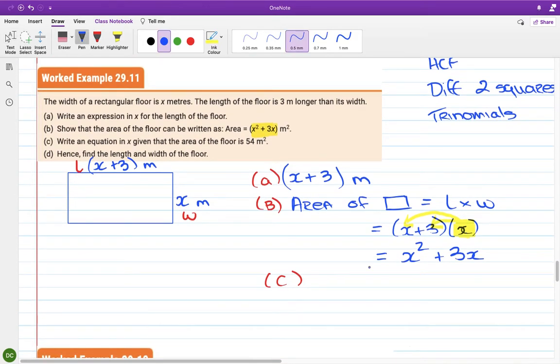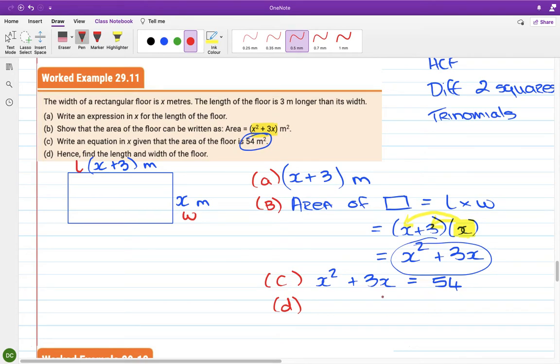So we know that the area of the floor is x squared plus 3x, and they're now telling us that the area of the floor is 54. So we say x squared plus 3x must be equal to 54. And that is an equation for the area of the floor. And the last thing they want us to do is find the length and the width of the floor. So the only way to do that is to solve this equation.